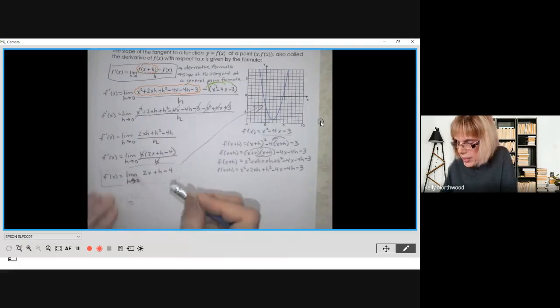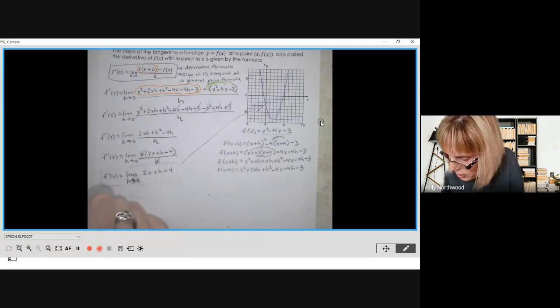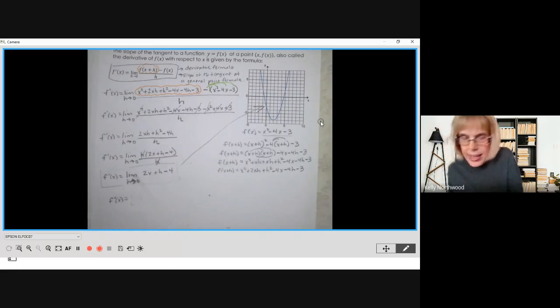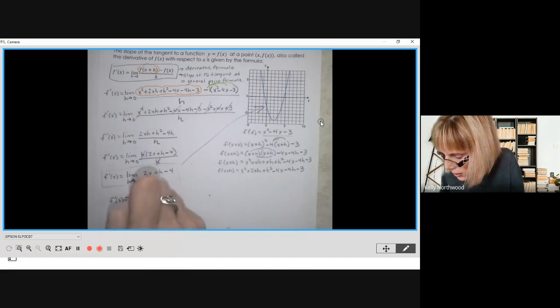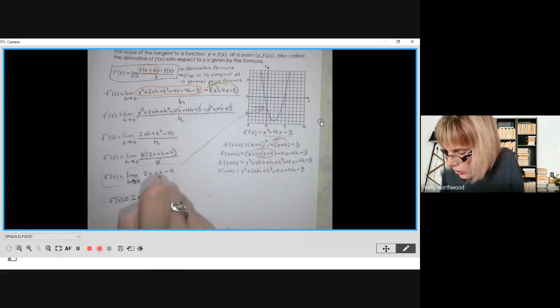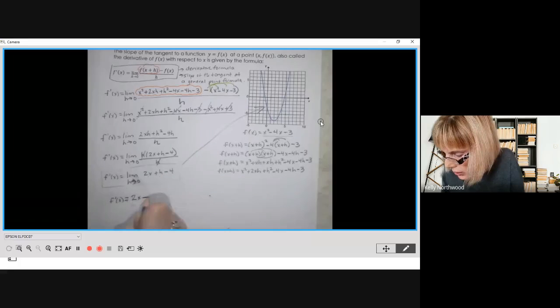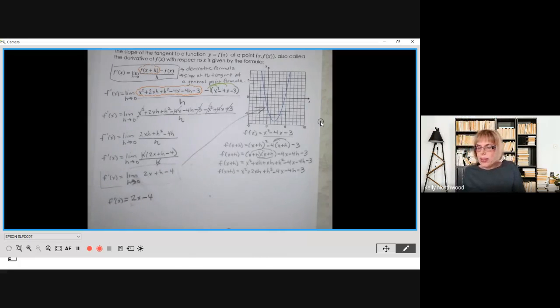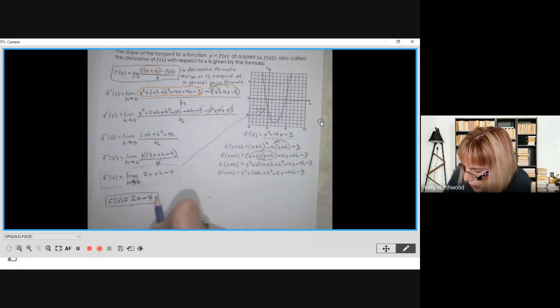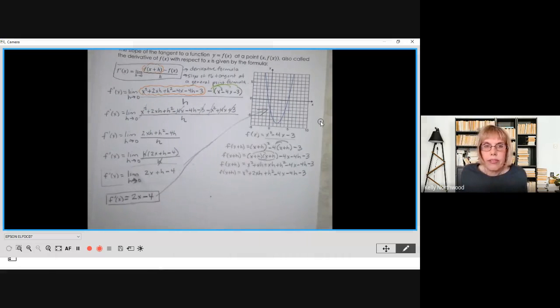I can take the limit as h approaches 0 because there's no h in the denominator. So for f prime at x, we let h approach 0. 2x doesn't depend on h, so that stays. H is going to approach 0, so I'm just left with f prime at x is 2x minus 4. This is my formula for the slope of the tangent anywhere on that curve. F prime at x is equal to 2x minus 4.